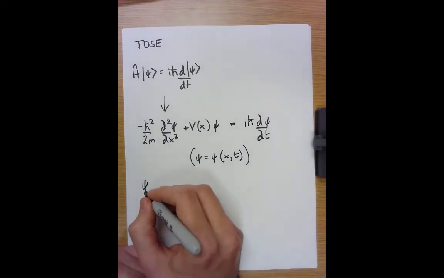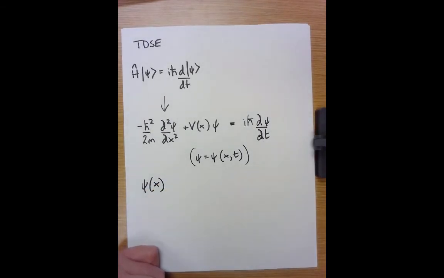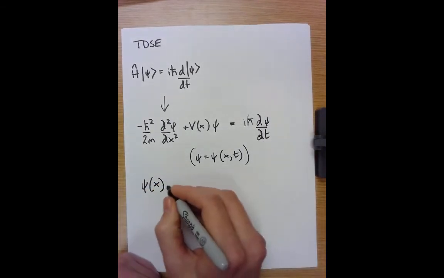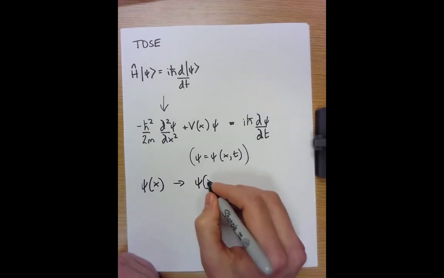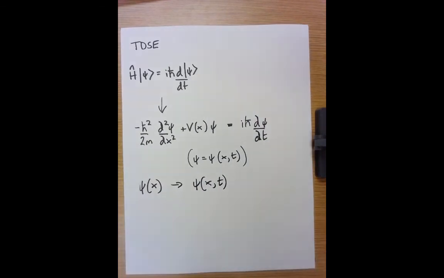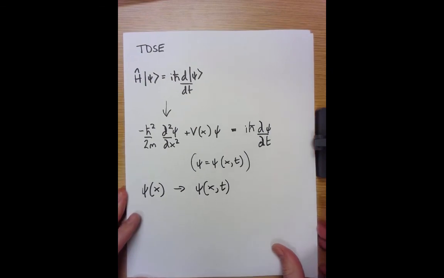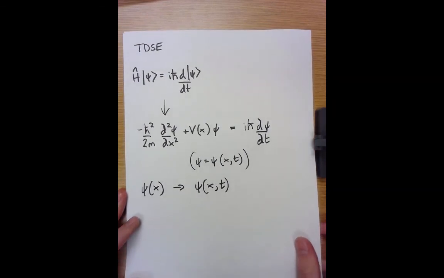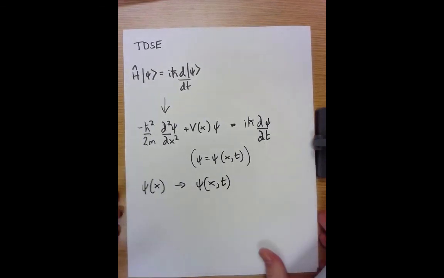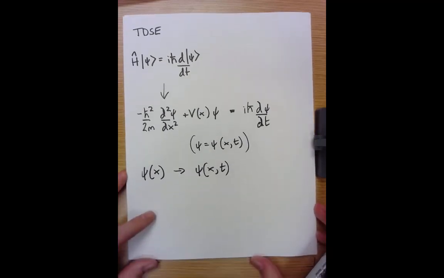Now, if you know the wave function at a particular point in time, how do you get the full time dependence of that state? Well, we've seen how to do this in the discrete basis. What we do is we write it as a linear combination of energy eigenfunctions, first of all.